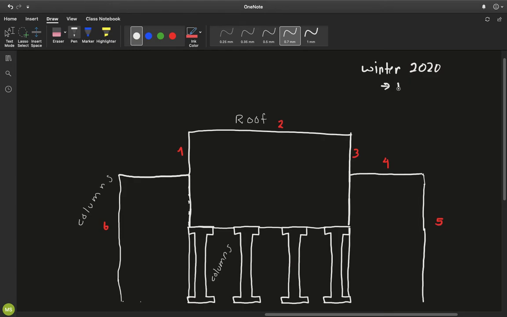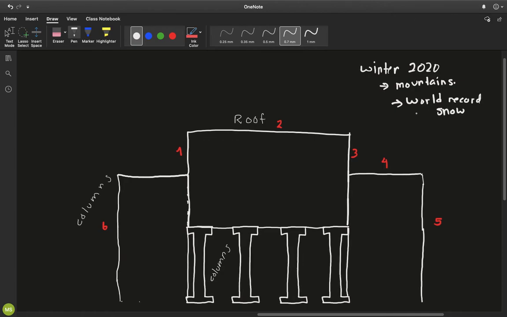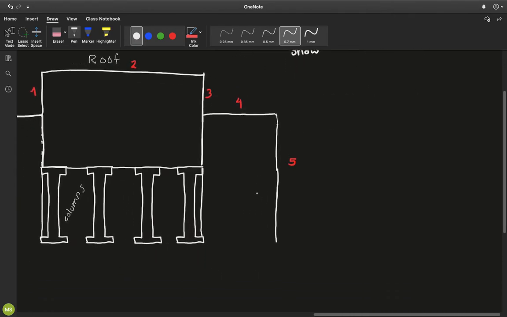So imagine you're in the mountains, and all of a sudden, you get a world record amount of snow. So for some people, you would think, wow, we're gonna play in the snow.